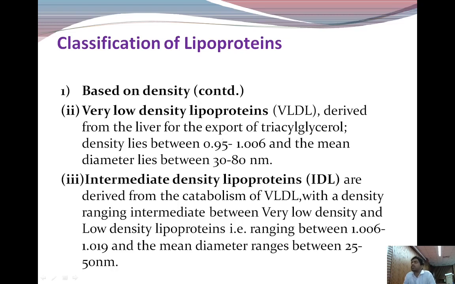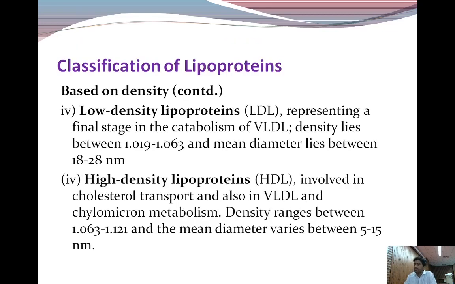So chylomicron is formed in the intestine, VLDL is formed in the liver and comes out of the liver for the export of triacylglycerol to different tissues, and once it is in circulation, VLDL is converted to IDL, intermediate density lipoprotein, and then IDL is converted to LDL. This LDL represents the final stage of catabolism of VLDL.